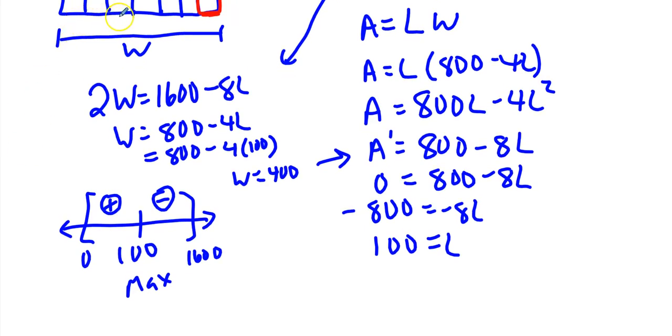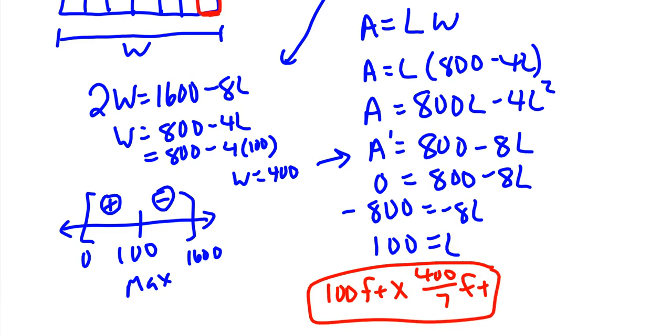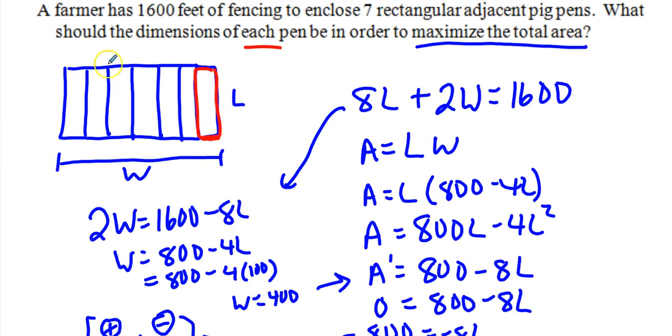Well, there are 1, 2, 3, 4, 5, 6, 7 of them for the W value. So our dimensions are going to be 100 feet by not 400 feet, but 400 divided by 7 feet, because we wanted just the dimensions of each pen. So this W needs to be divided by 7.